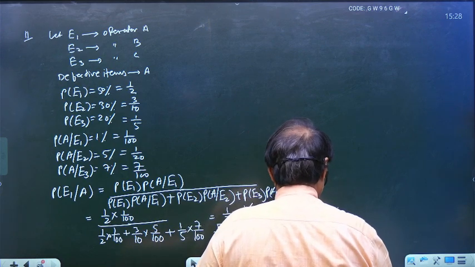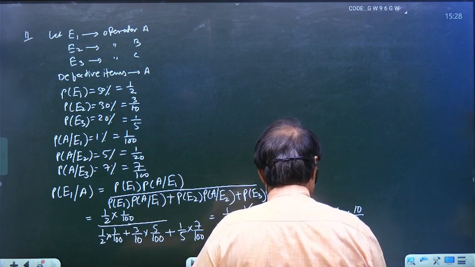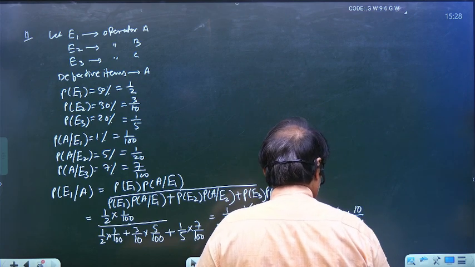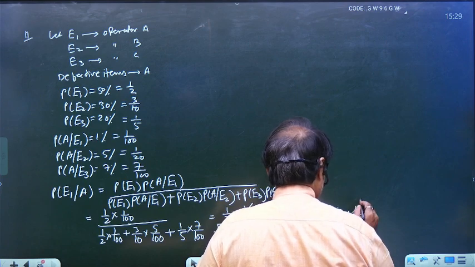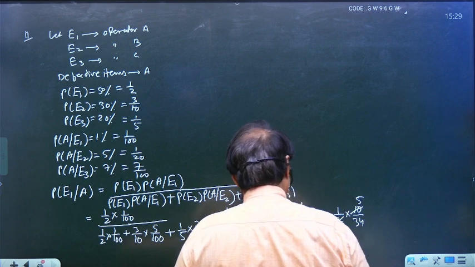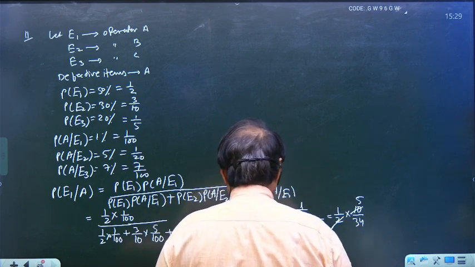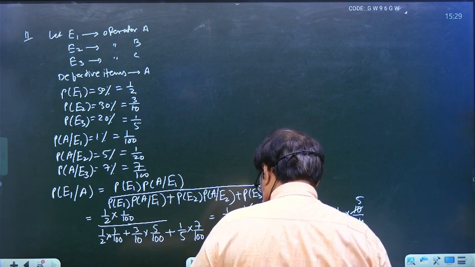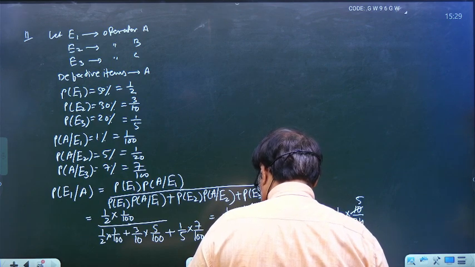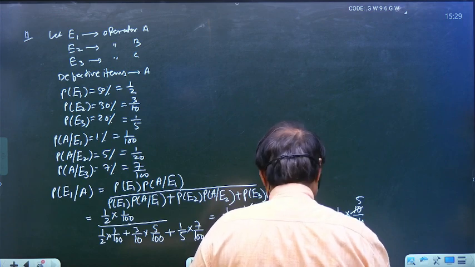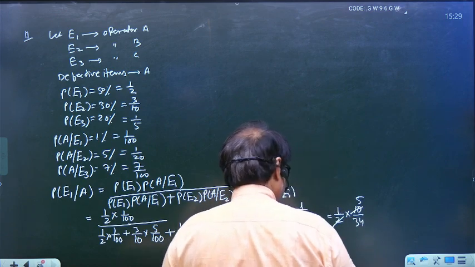So this is 1 by 2 and 10 upon 15, 5, 20, 14, 34. Then 2 5s are 10. So 5 by 34.